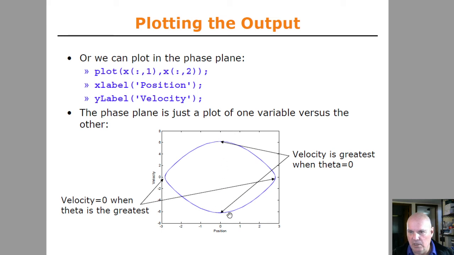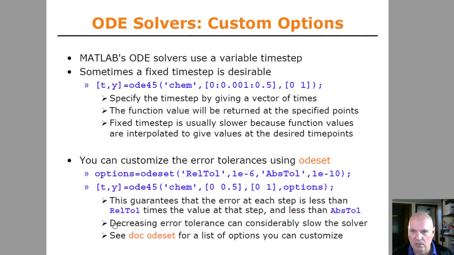And then it reaches the maximum velocity at an angular position of 0. The velocity is positive when it's moving in one direction, counterclockwise, and negative when it's swinging back in the other direction.